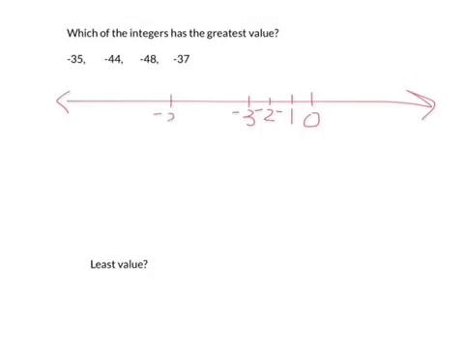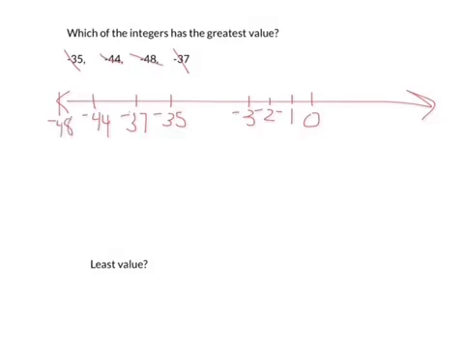Here's my -35. It's the first number I come to. -36, -37 would be there, then -44, and then -48 would be furthest to the left out of these numbers.